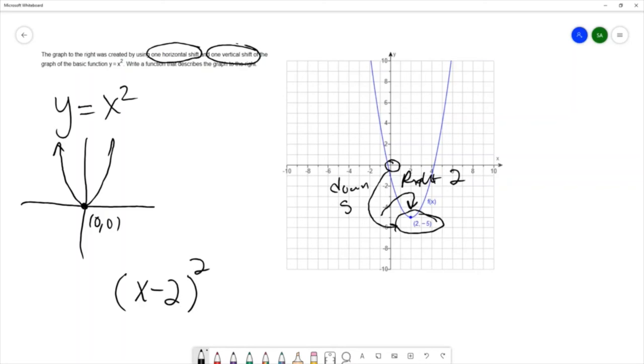That gives me a horizontal shift because it's on the inside. Minus moves to the right, and I want to move 2 units to the right. Then I want to shift down, so I'm going to subtract 5. I put the minus 5 outside of the base function to make it vertical, and a minus to make it go down 5. So this would be the equation of the graph that we see pictured here.